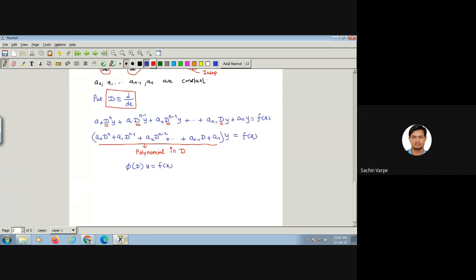So this is the reduced standard form of the nth order linear differential equation.